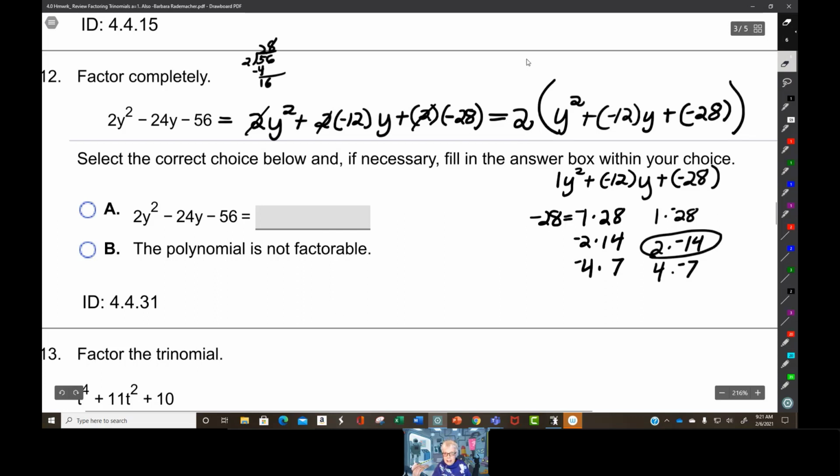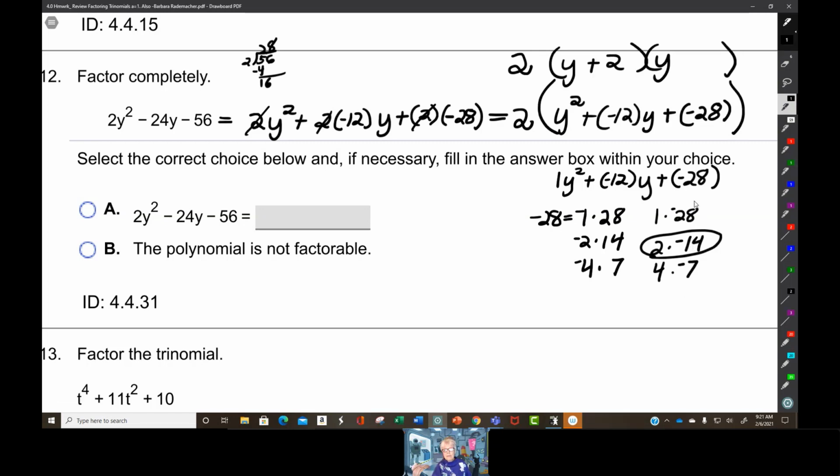I'm going to go back here. Normally I would move down, but here I've got to move up. y, positive 2, minus 14.